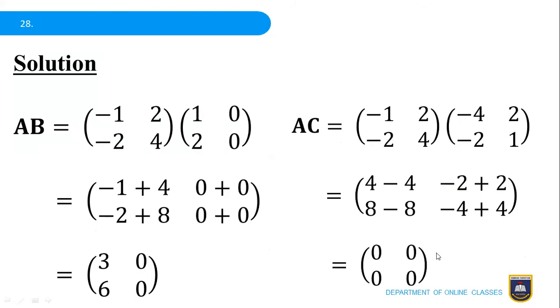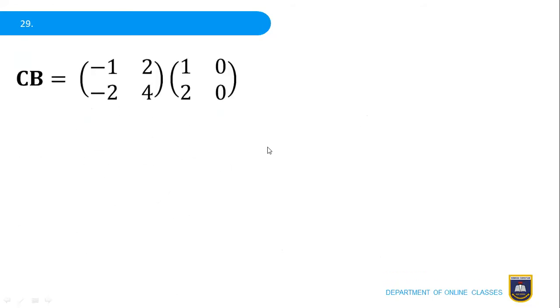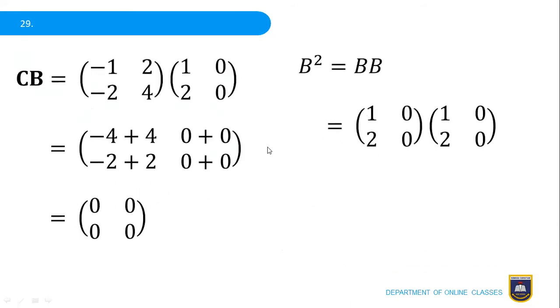And that will give you [0, 0; 0, 0]. So that is the matrix AC. So you will see that if you multiply a square matrix by another square matrix, the answer will be a square matrix. Is that clear to everybody? Yes. Okay, so you can go ahead to try the rest. We have the solution there, but just go and try them on your own.